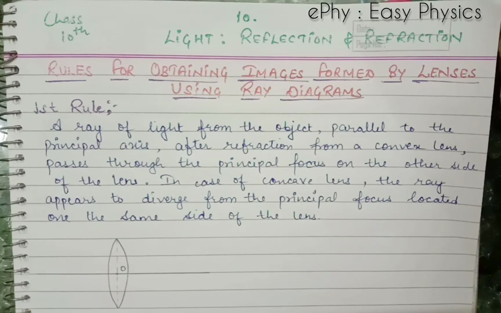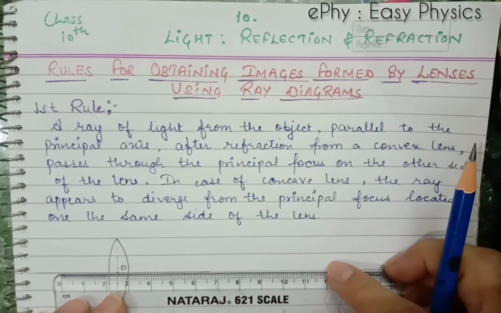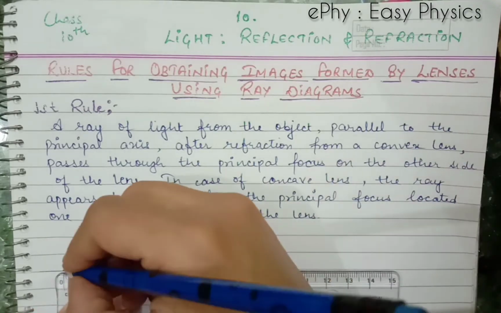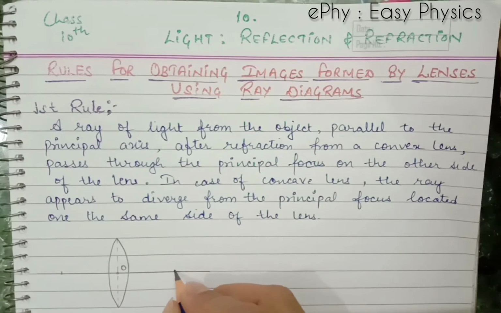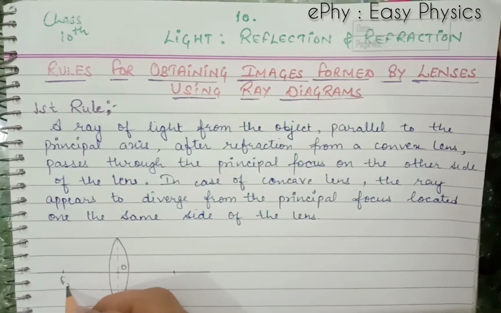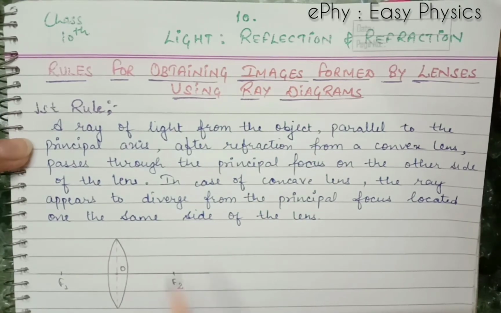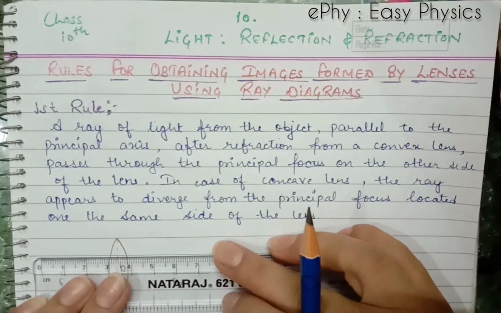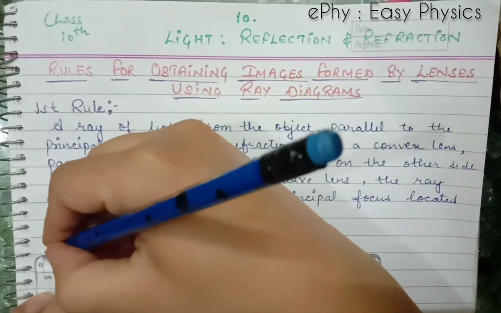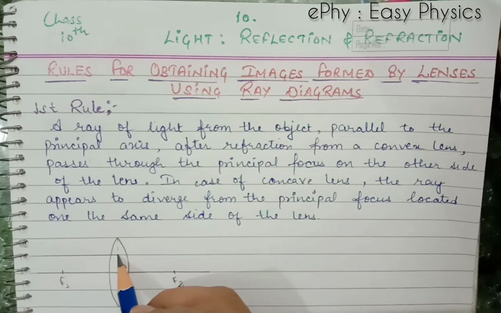Now you need to mention two focus on each side of the lens at the same distance from the optical center. I am keeping this distance as 2.5 centimeter on both sides of the optical center and writing it as F1 and here F2. So for this convex lens, we need to draw a ray of light which is coming parallel to the principal axis, and we have to extend it to the middle of the lens.